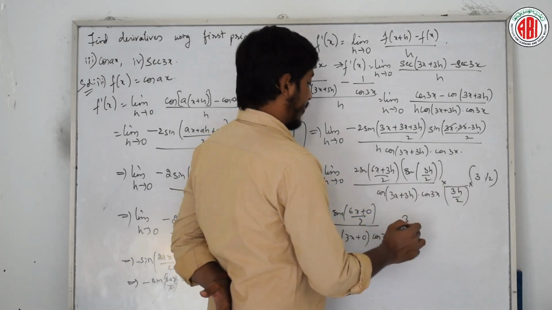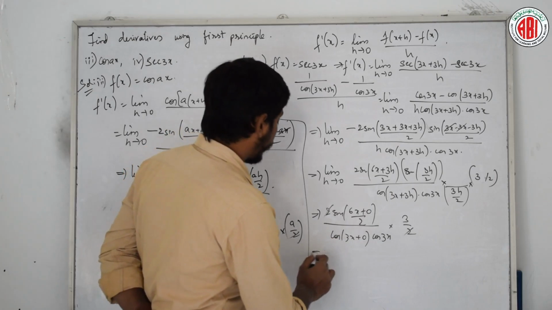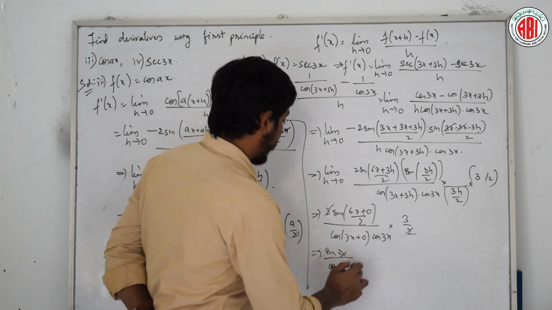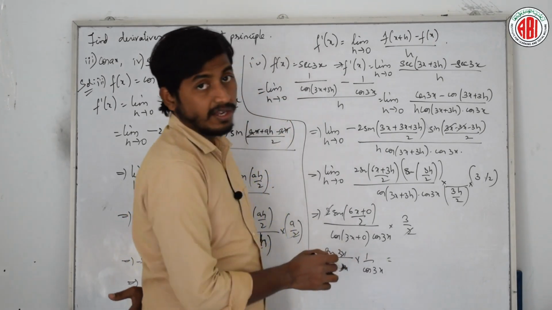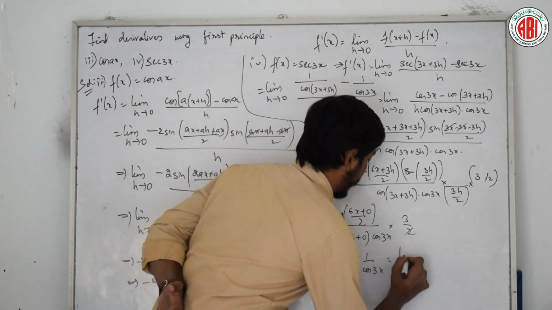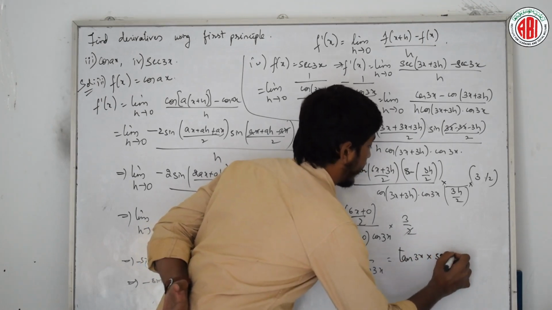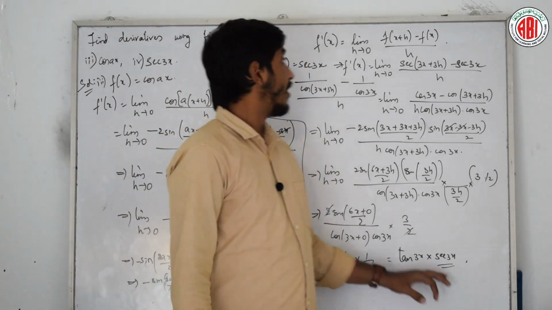Therefore, what is left is 3 by 2. 2 will get cancelled. Let us write everything together. That is sine 3x by cos 3x into 1 by cos 3x. What is sine by cos? That is tan 3x. Again, what is 1 by cos? Secant 3x. Right?